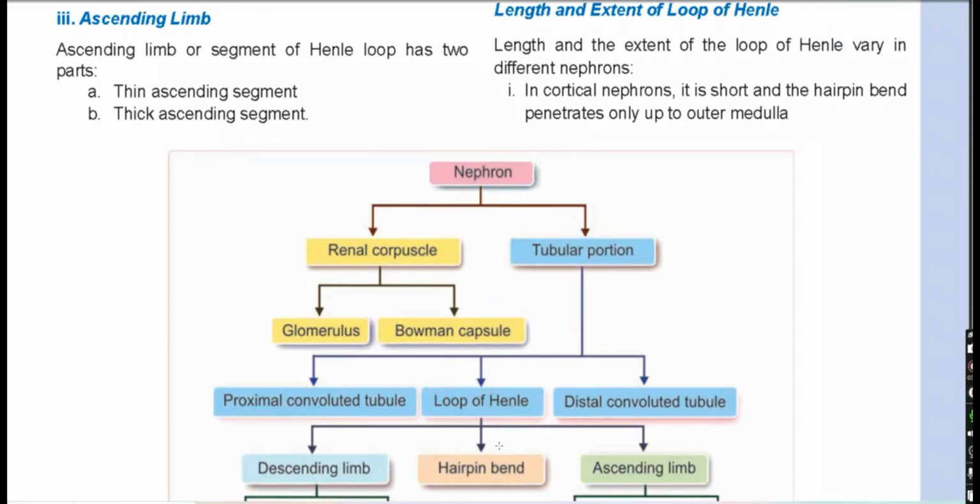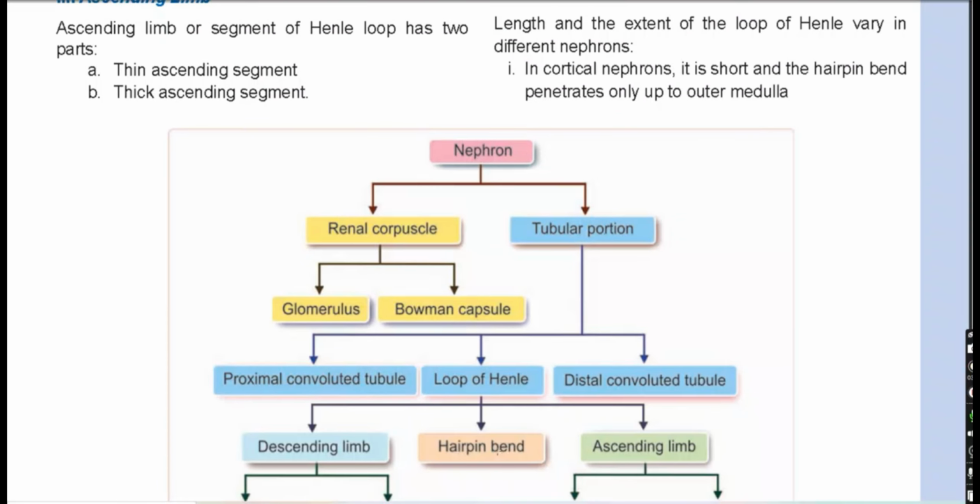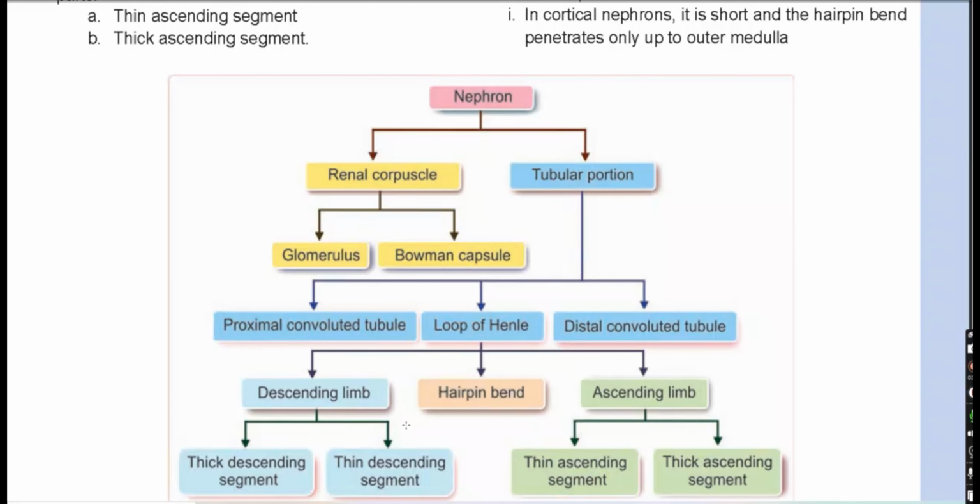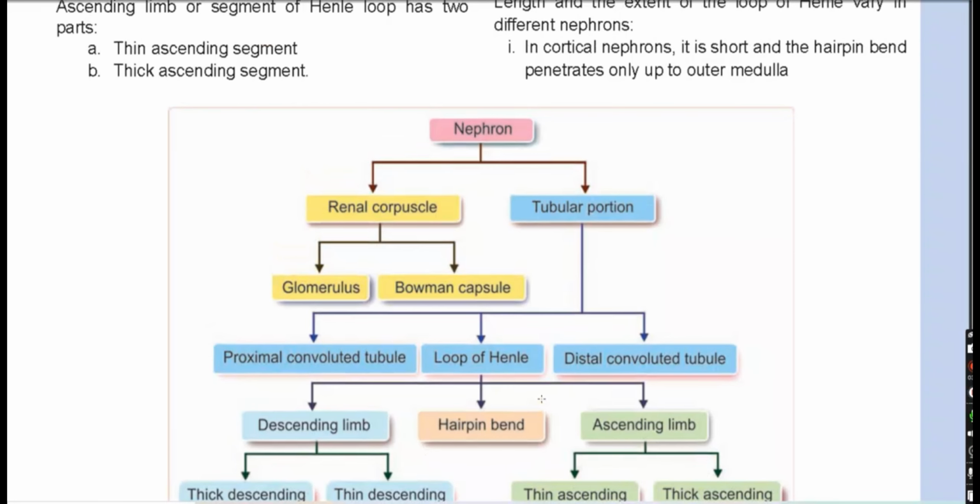The loop of Henle has the descending limb, the ascending limb, and the hairpin bend, and the loops are of two types, thin and thick. The renal corpuscle is of two types: glomerulus and Bowman capsule. These are all the important parts of the nephron.